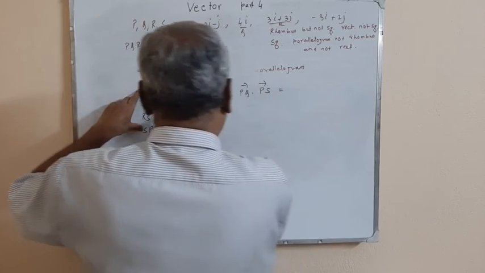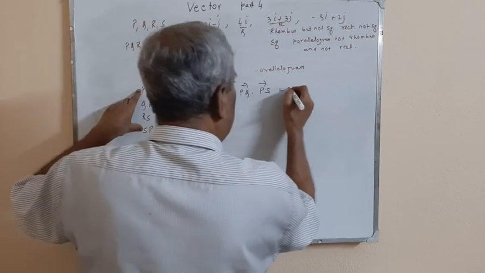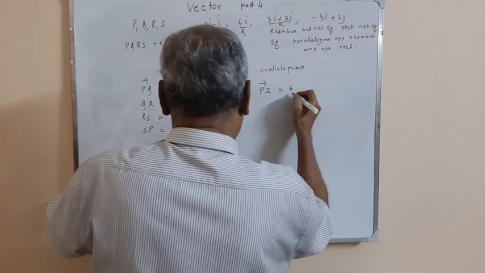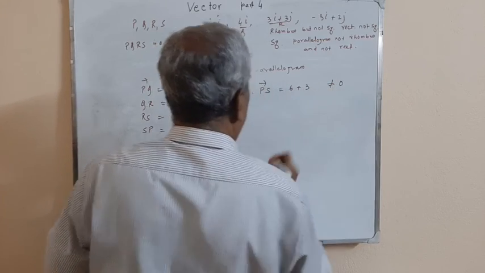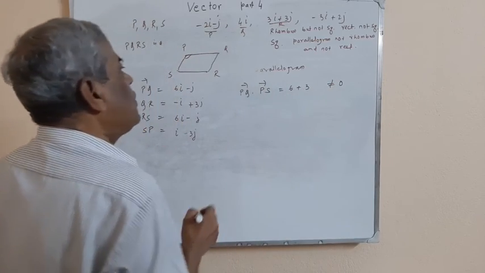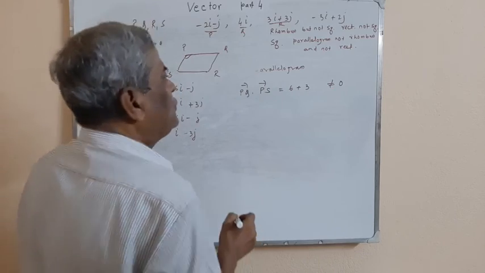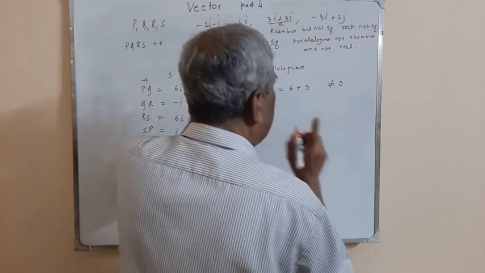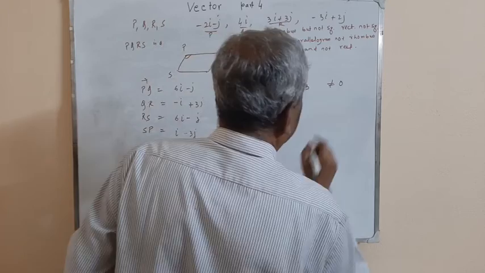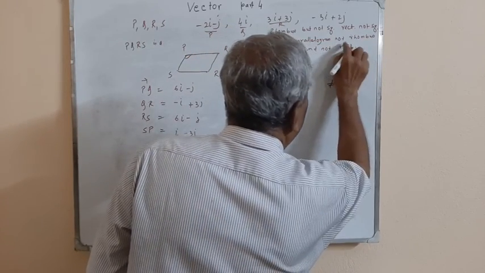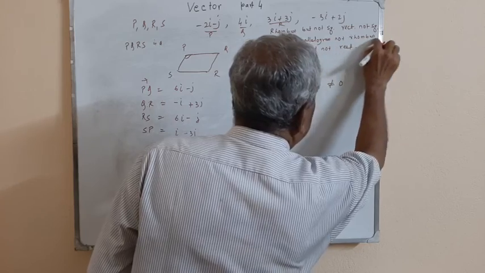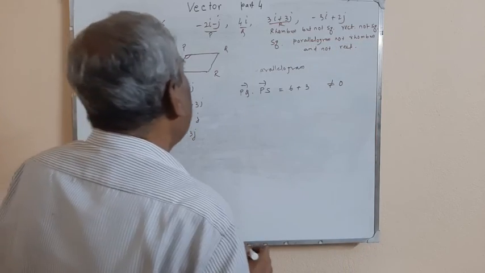So 6i, so it is equal to 6 plus 3. This is at least not 0. So this is not 90 degrees. So this is not a square, not a rectangle. Now we have to find whether it is a rhombus or not.